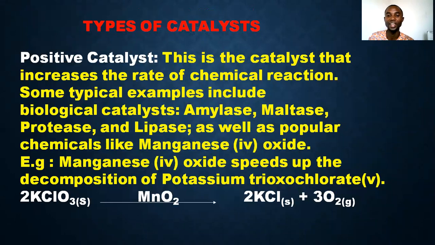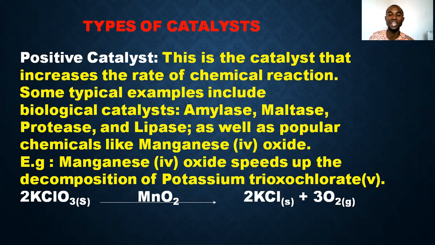These are popular examples we know as biological catalysts. We still have chemical catalysts, like manganese 4-oxide, which speeds up the decomposition of potassium trioxochlorate 5.